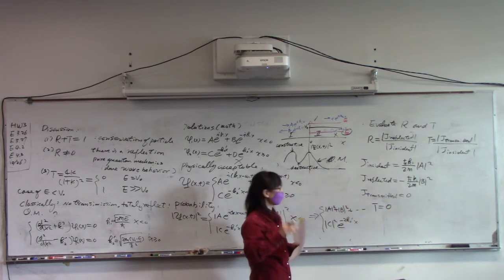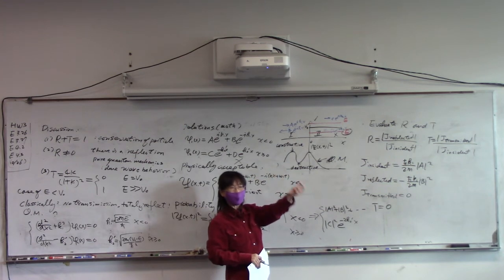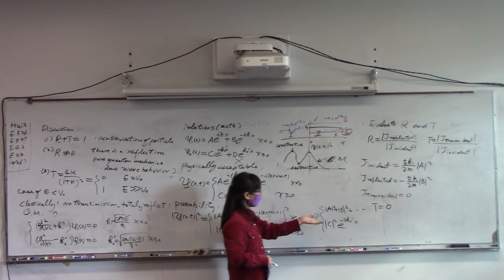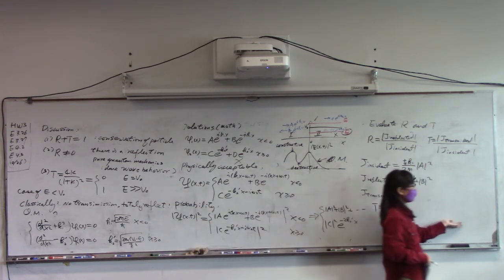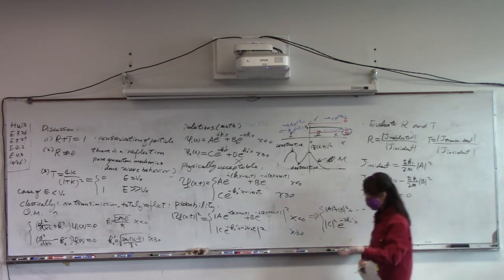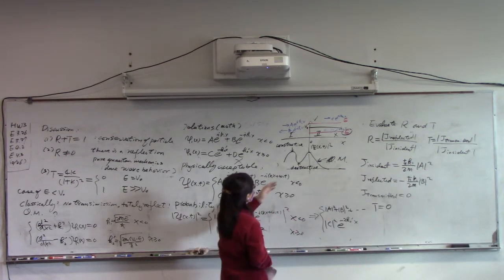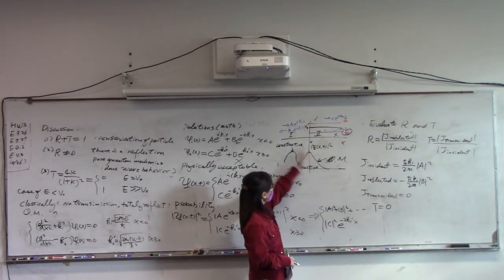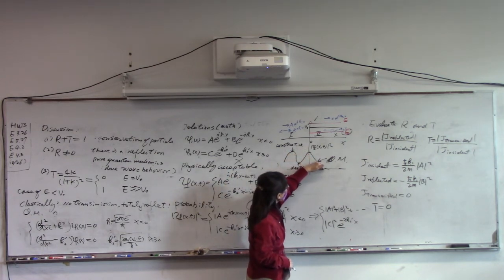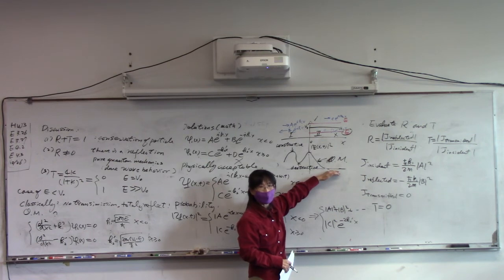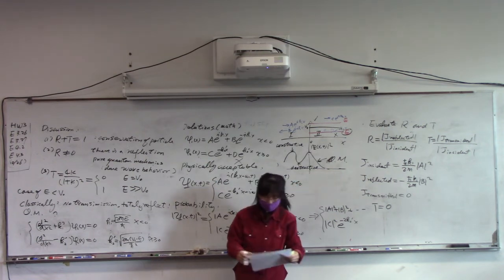And that is something like the classical transmission. The probability coefficient is 0, but it does not mean the particle is stopped here with 100% reflection. It still can penetrate to a certain value and decay to 0. So that is the quantum mechanics in this case.